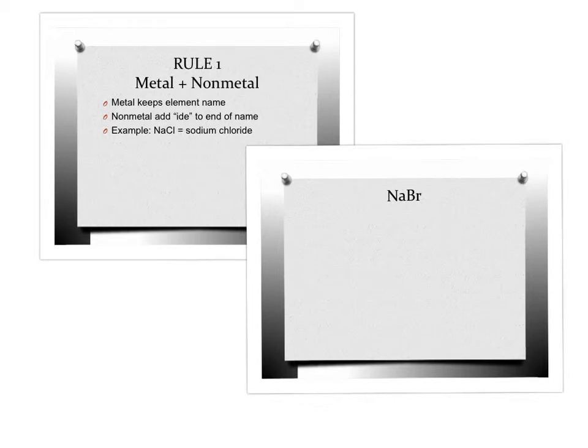So for example, in NaBr, we see that we have 2 elements, and the way we can tell that they are elements is that they begin with a capital letter. So we have 2 capital letters, so 2 elements. So the first element is Na, that is our metal, and Br is our non-metal. So Na is sodium, so we're going to write down sodium.